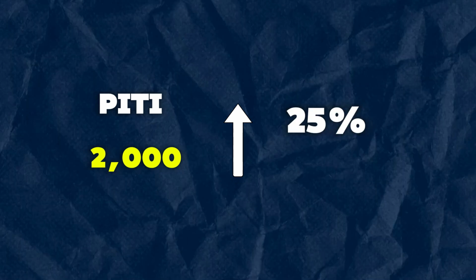For example, if the current PITI is $2,000, raise it 25%, because the underwriting guidelines require a haircut of 25%, and with this 25% increase you can offset that haircut. Make sure that after that haircut, the lease purchase is equal to the current mortgage payment. At the end, when you subtract the 25% out of the new number, you have the same amount as the current mortgage.